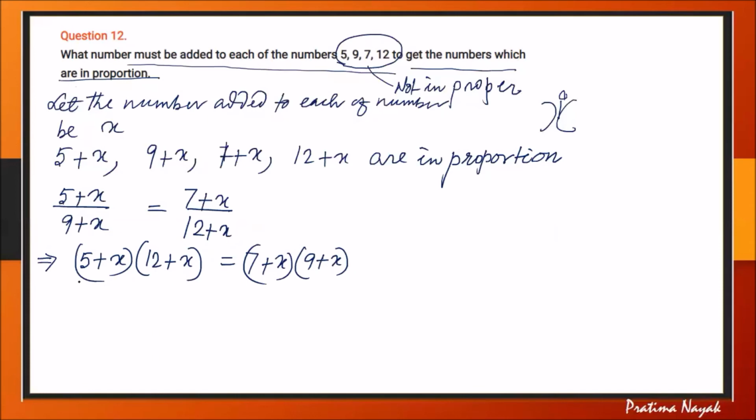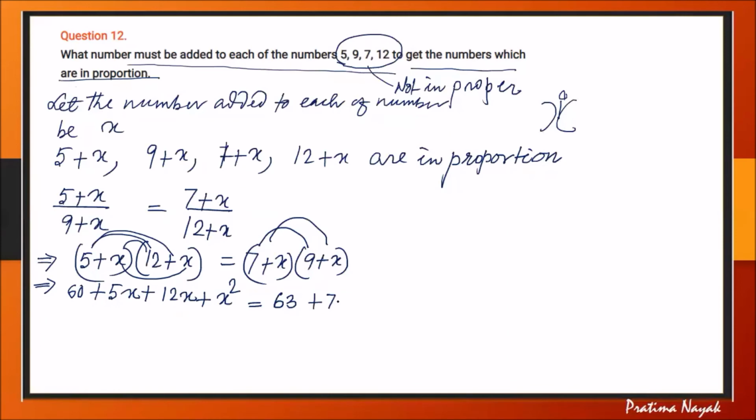So 5 multiplied by 12, 60. 5 multiplied by x, 5x, plus x multiplied by 12 gives 12x. x multiplied by x gives you x square. Or you can find your own method to multiply, but the result will be the same. Next is 7 multiplied by 9, it will be 63. 7 multiplied by x, 7x. 9 multiplied by x, 9x. x multiplied by x is x square.